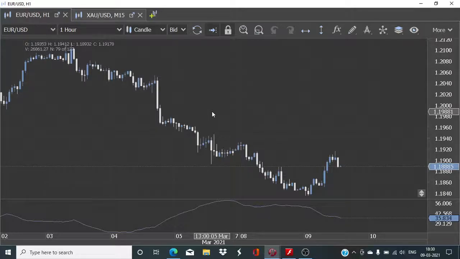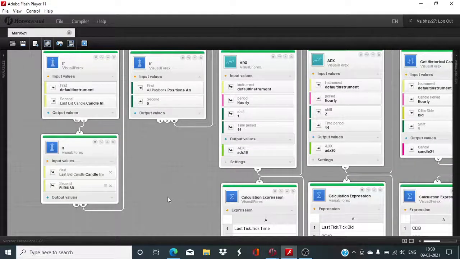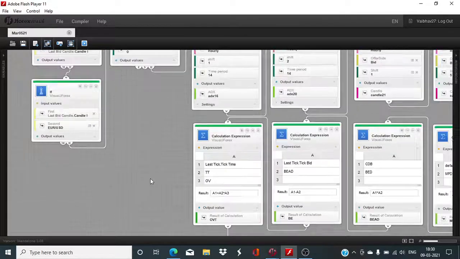That is the reason why I think using that point should be good enough as a stop loss, and that's what we are going to do in today's session. So now let us get back to the Visual Jforex board, which has been developed by the Dukascopy Bank SA.